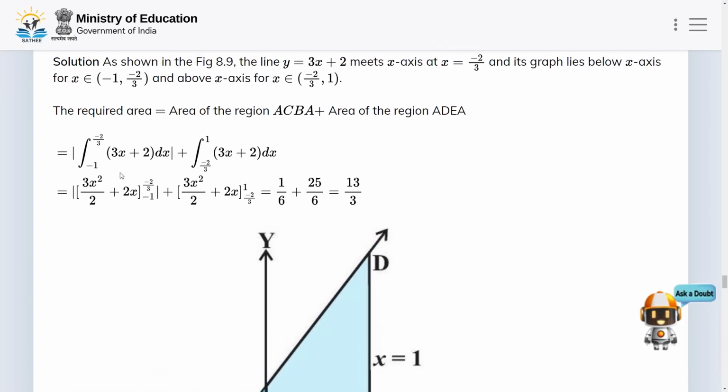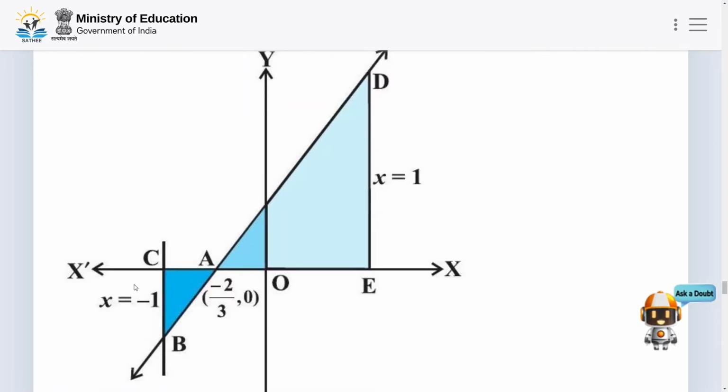Clear? Now you can directly separate your integral into two parts, which are the area of region ACBA and the area of region ADEA. Add them, and you will get your answer. For the area of ACBA, as you can see, this is under the x-axis, so you have to apply the modulus sign here.